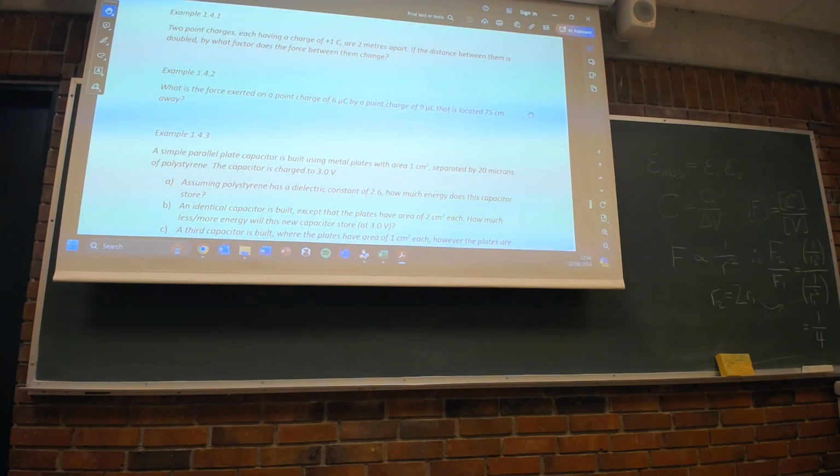So that's the sort of math way of doing it, and you don't have to calculate the actual force in newtons, but you can. Okay.